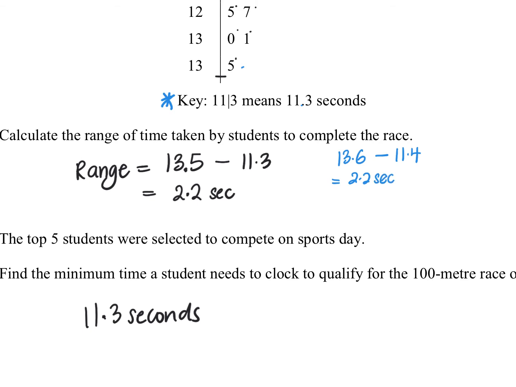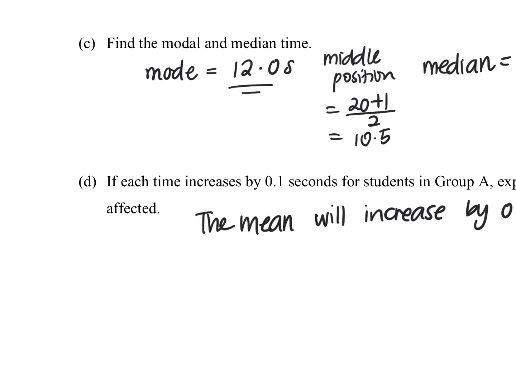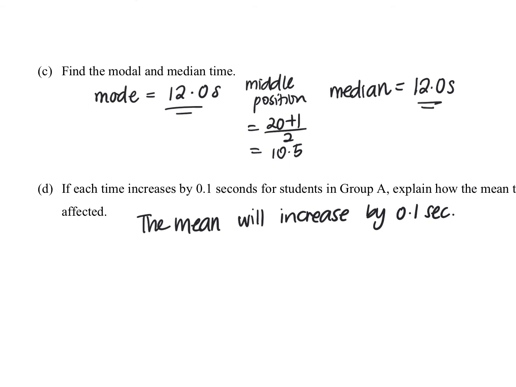It's because the numbers subtracted away themselves. So when every data value increases by 0.1, the range will be unaffected. It stays the same. Only the mean, the median and the mode itself will increase by 0.1 second.